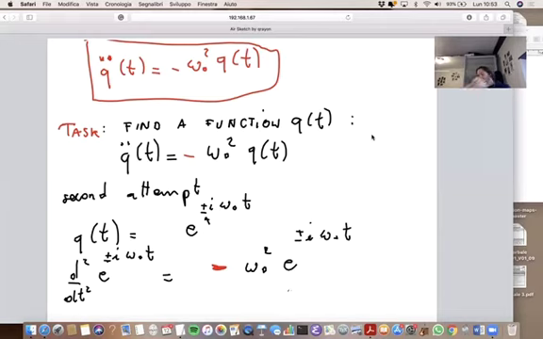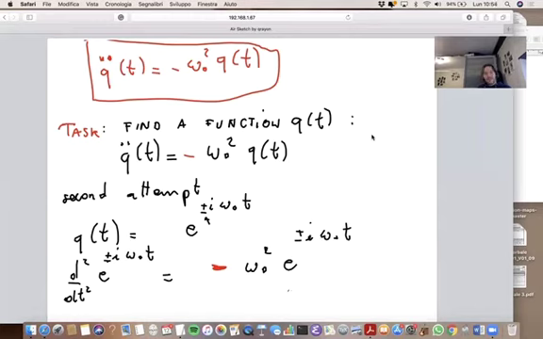We have found a function whose second derivative, actually we found two functions, with the plus or the minus of the exponent, such that the second derivative of the same function is proportional to omega naught squared times the function itself, up to a negative sign.